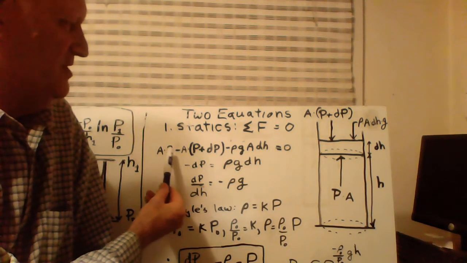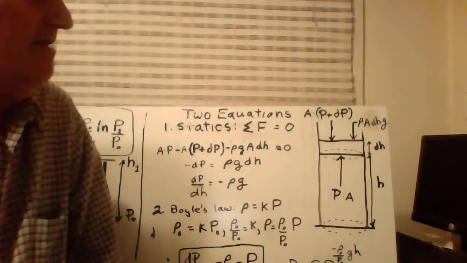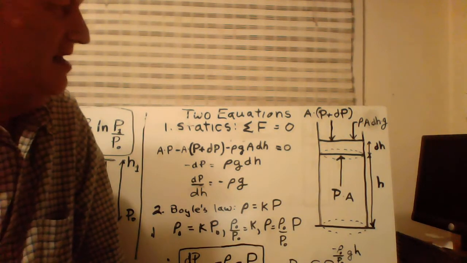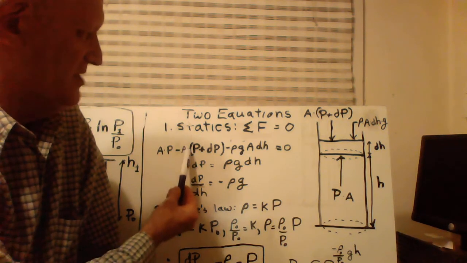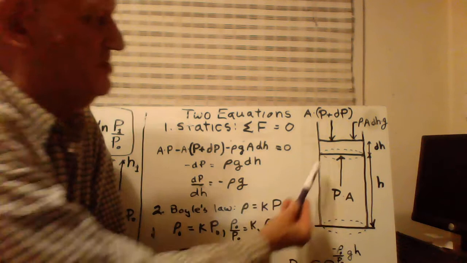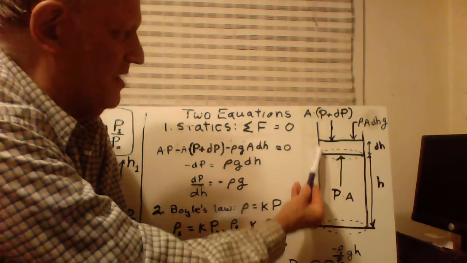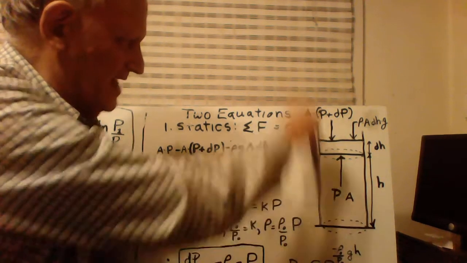And then we simply take away the force moving down on the upper side of that segment due to the air pressure. So that's the area times P plus dP, where dP is the change in pressure going from h to h plus dh. And we put a minus sign there because it's acting downward.